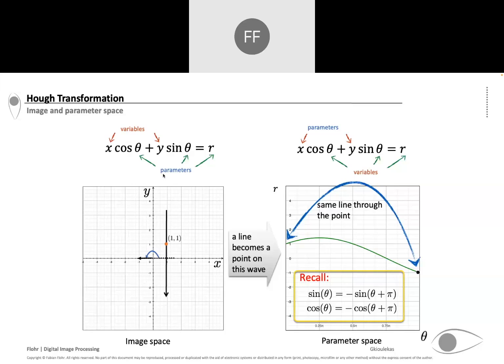So the sine of theta is equal to the negative sine of theta plus π, right? So this is exactly the same as this one here. So I only have to represent half of my original 2π parameter space, namely only 0 to π. The rest is repeating, because we are not interested in the orientation of the line. If we would be interested in the orientation of the line, whether it goes upward or downward, we would like to have that as well, but we are not interested in that.